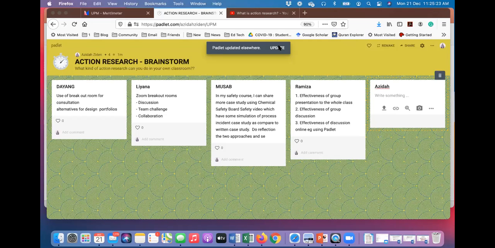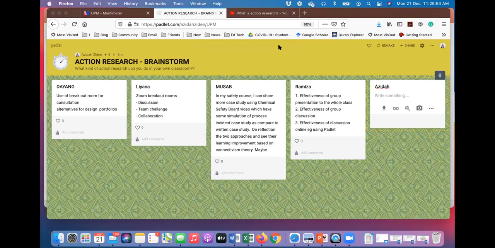Then Dr. Musab: in my safety course, I can share more case studies using chemical safety storyboard safety video which have some simulation of process incident case study as compared to written case study. Do reflection on the two approaches and see their learning improvement based on the connectivism theory. Maybe yes, good idea Dr. Musab, meaning that you have 2 different ways of teaching and then you compare those 2.